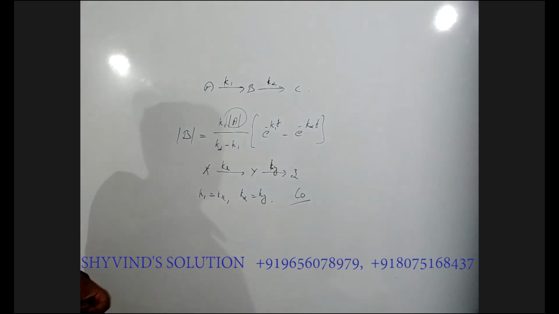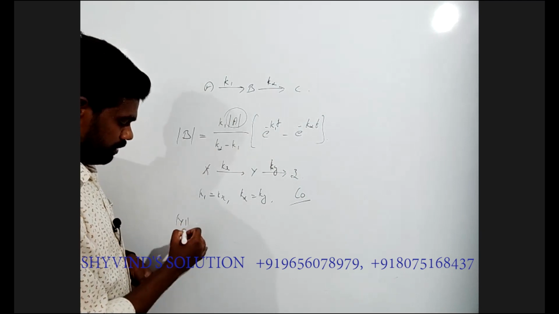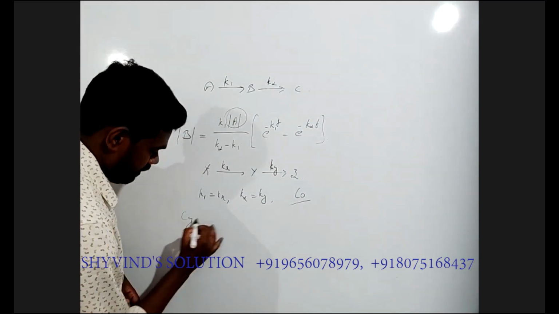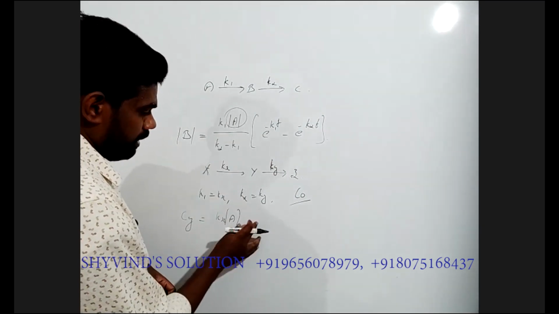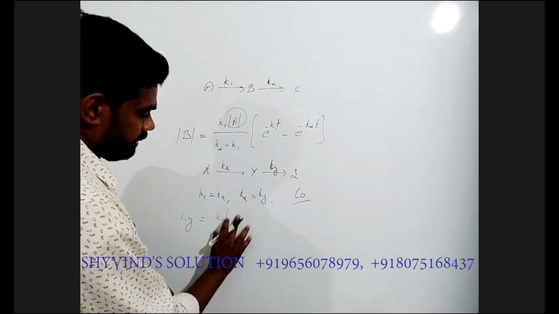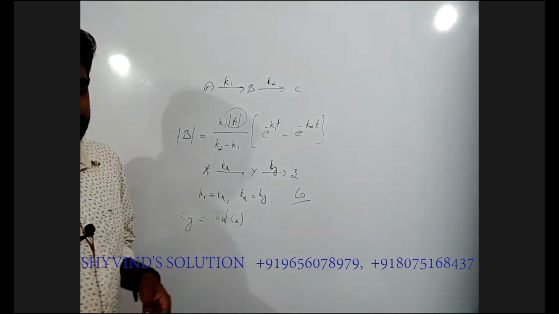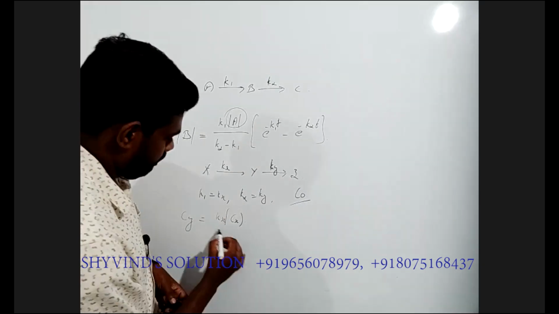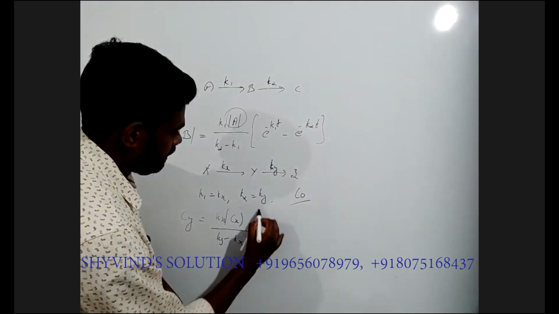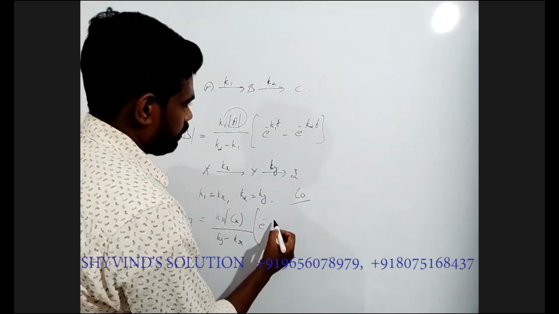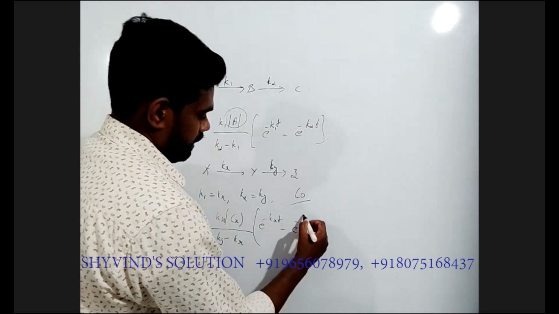Now substituting, the concentration of Y is Cy, equal to Kx into Cx divided by Ky minus Kx, into e raised to minus Kxt minus e raised to minus Kyt.